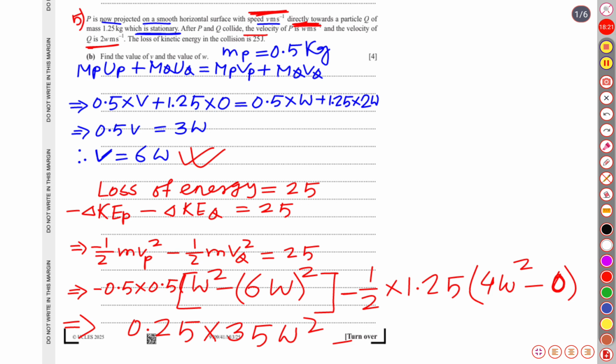If 5 is divided by 2, it is going to be 2.5. So 2.5 w square, and our right side is 25. It should not be forgotten, the right side is 25.